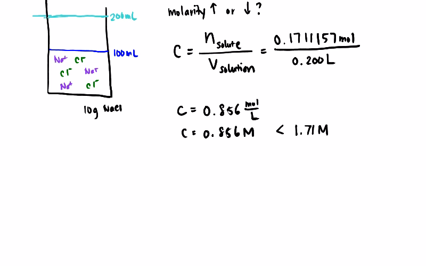When you do a dilution, you can calculate the new concentration or the new volume if you assume the amount of solute doesn't change. In your concentrate or your stock, the amount of solute can be calculated if you take the concentration of the concentrate multiplied by the volume of the concentrate.